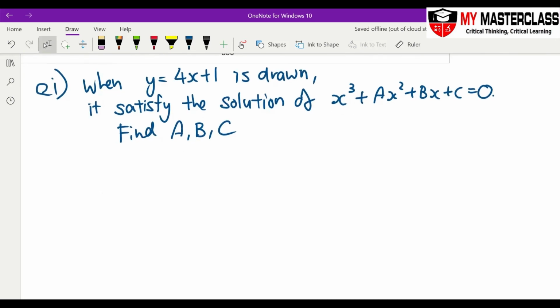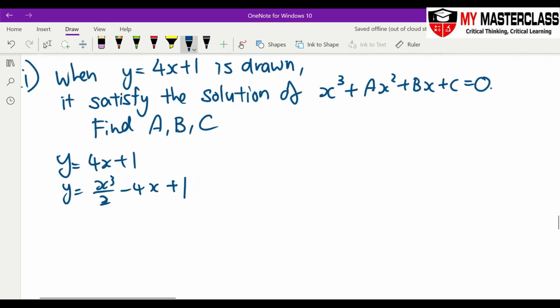This means that if I draw this line y equals 4x plus 1, y equals 4x plus 1 is the line that I draw. y equals x cubed over 2 minus 4x plus 1. Yes, plus 1.